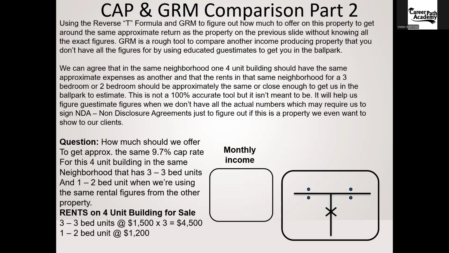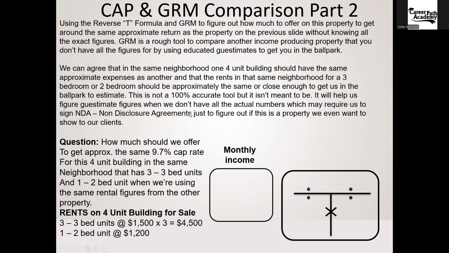Right? So we could agree that in the same neighborhood, one 4-unit building should have the same approximate expenses as another. And that the rents in that same neighborhood for a 3-bedroom or a 2-bedroom should be approximately in the same ballpark, right?